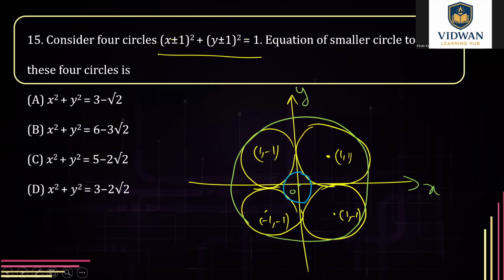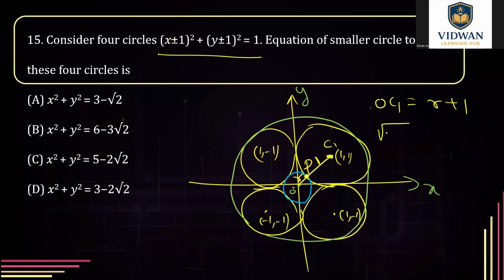I think it's correct. So if you join the centers, and let us suppose this point is P, the radius of the smaller circle is R, and this circle is having radius 1. So clearly the distance between the centers, if this center is some C1, the distance OC1 is equal to the sum of the radii, R plus 1. And the value of OC1 you can write by distance formula for (0, 0) and (1, 1).